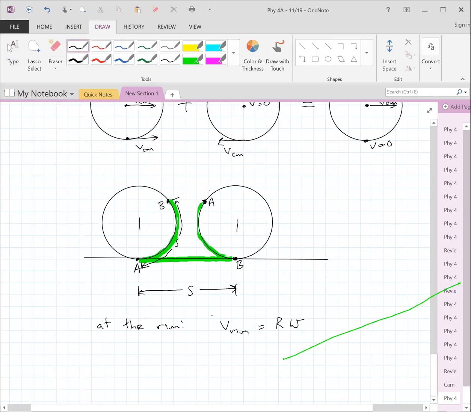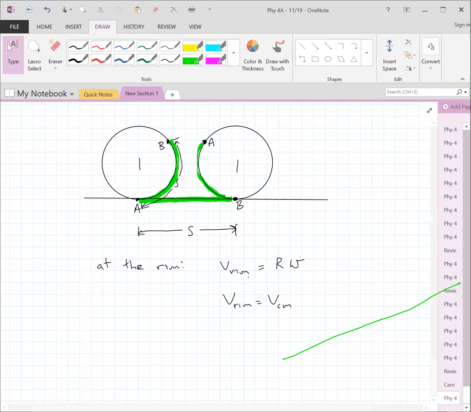And we know that that is also equal to the velocity of the center of mass, because the distance s is the same distance that the center of mass moves. So the linear velocity at the rim is equal to the linear velocity of the center of mass. So that means that the velocity of the center of mass is equal to capital R omega.